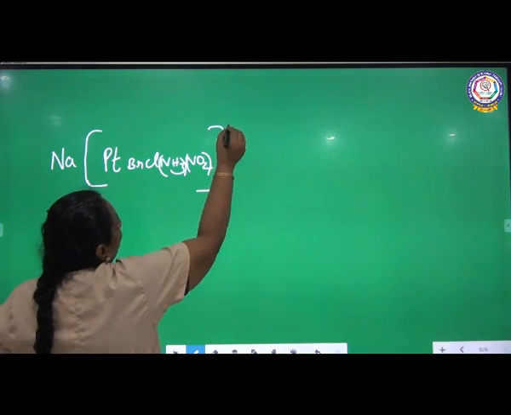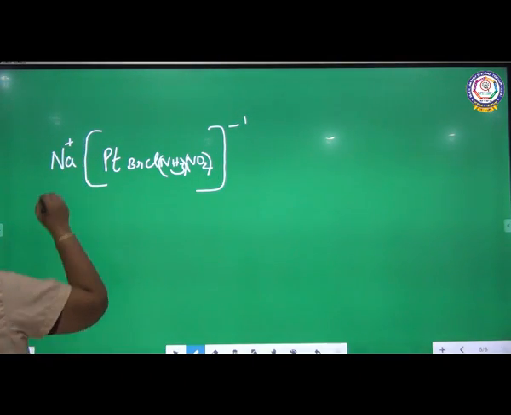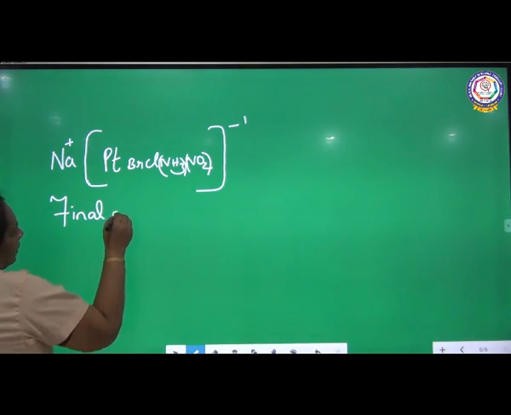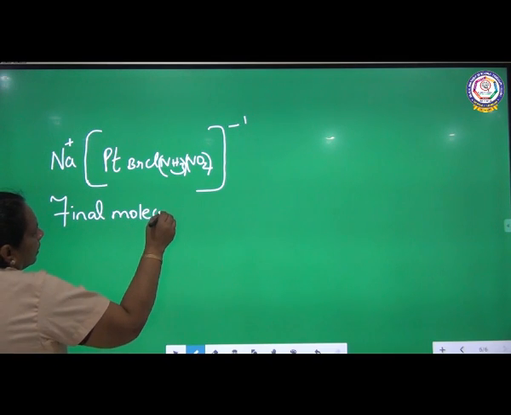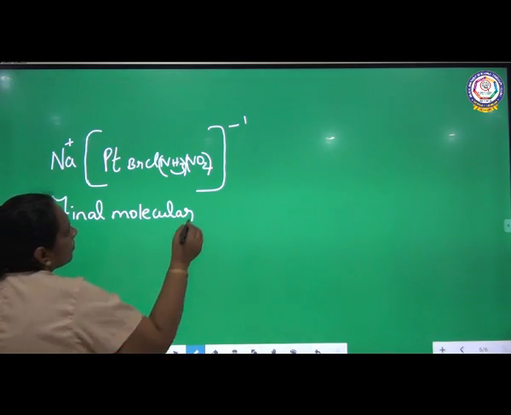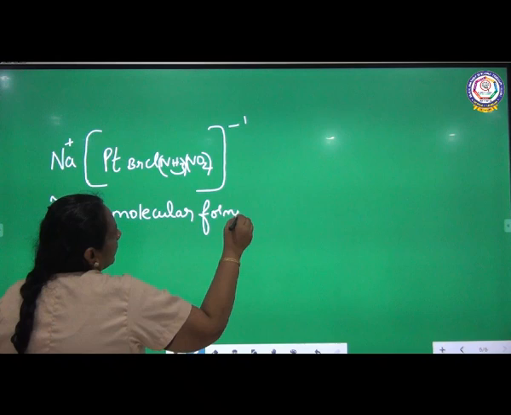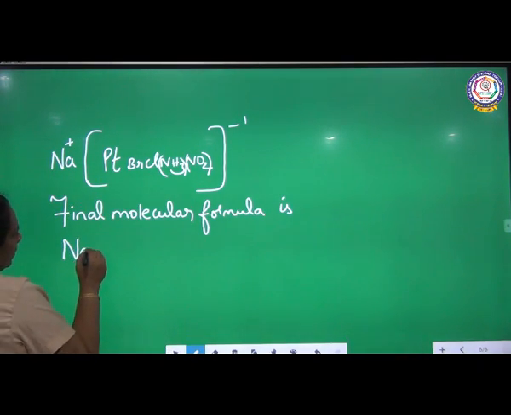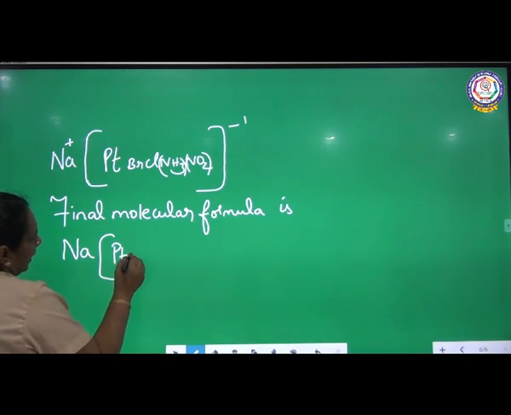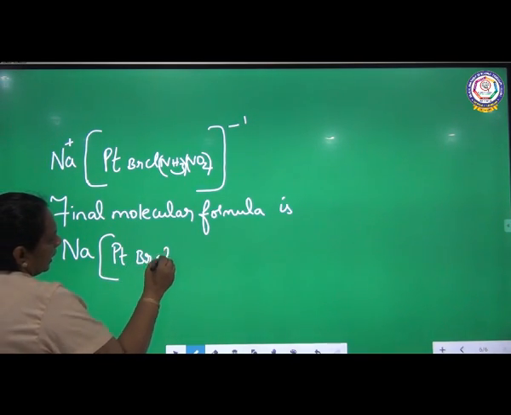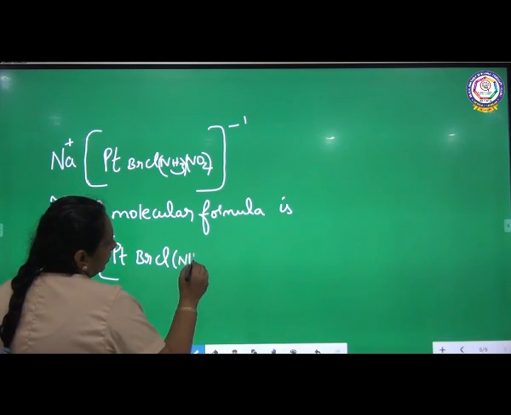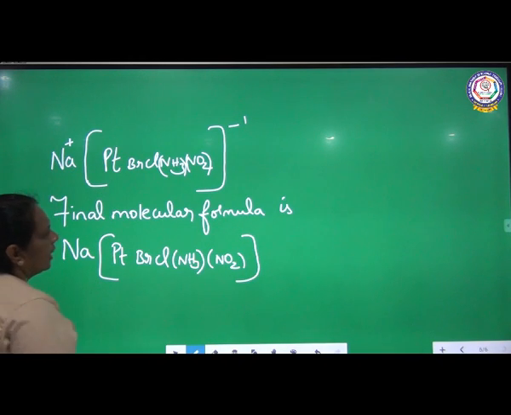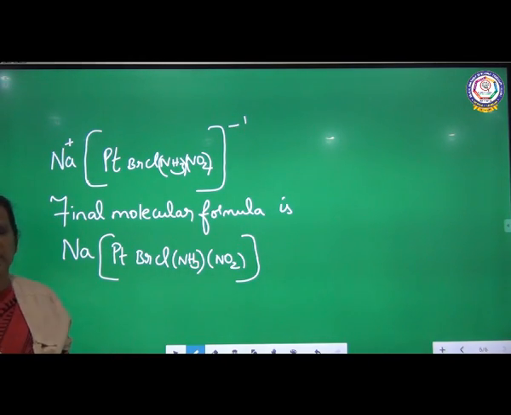I have found out X as minus 1, so it should be plus 1 for sodium. So the final molecular formula is Na[PtBrCl(NH3)(NO2)]. This is the final molecular formula of my complex.